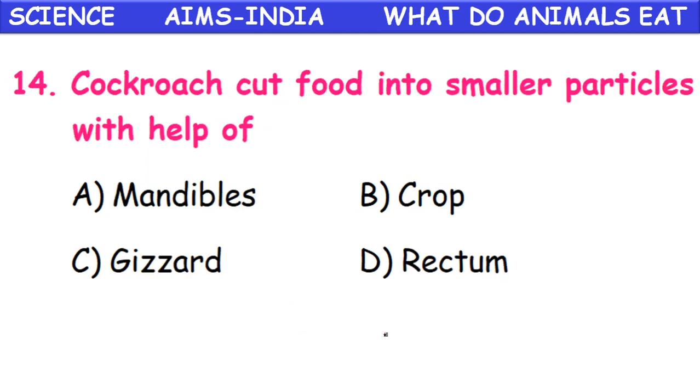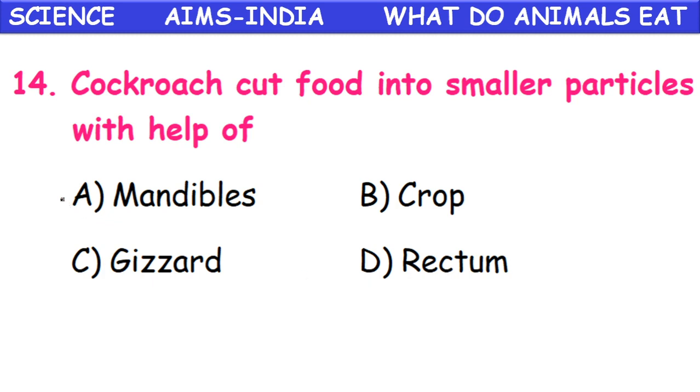Example, amoeba. Cockroach cuts food into smaller particles with the help of mandibles. Crop, gizzard, rectum are all parts of the digestive system.